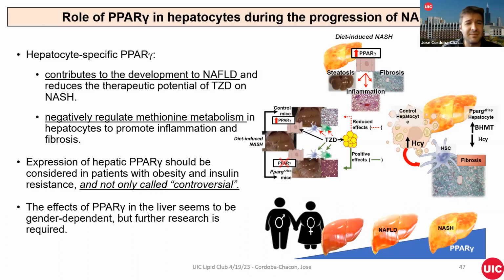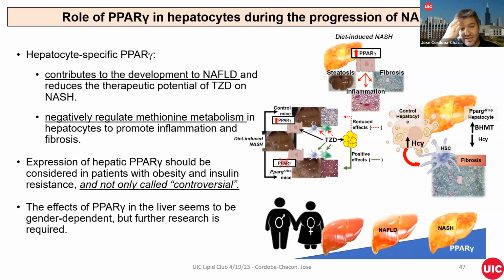We think that PPAR gamma expression in human liver is not a taboo to call it, it is expressed in humans, and it shouldn't be called simply controversial. I think people should do mechanistic studies in humans, with the right controls, to study what the actions of PPAR gamma in the liver are, if there are any.